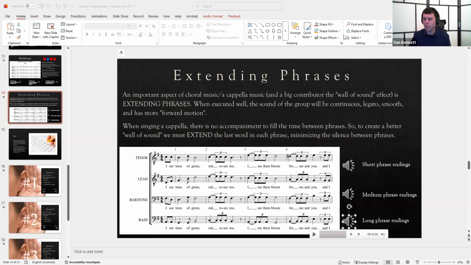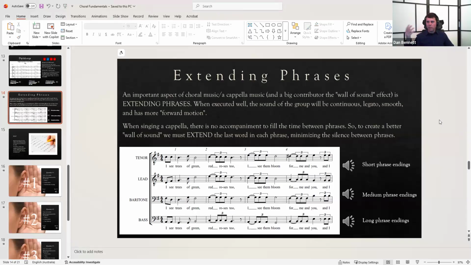I see it happening especially in a cappella, because there's no band or drum kit or something keeping time and filling in the gaps. In a different presentation I made a while ago, I showed two examples of the same song to illustrate the importance of the wall of sound. One is Georgia on My Mind, the Ray Charles version.